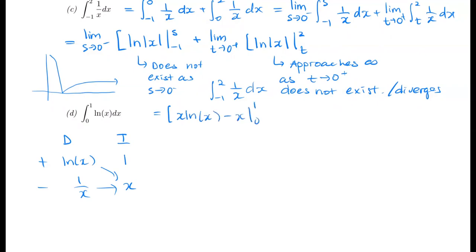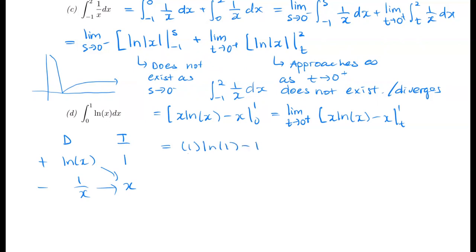But one thing to note here, we're only interested from 0 to the right. So I'm actually going to write this as the limit as t approaches 0 from the right of x ln x minus x from t to 1. Okay, so that means for x equal to 1, that's just 1 times ln of 1 minus 1.